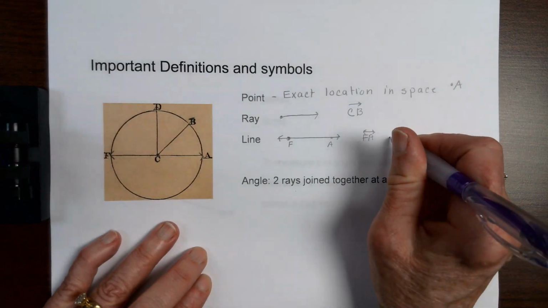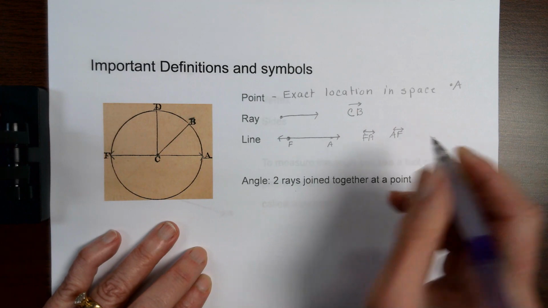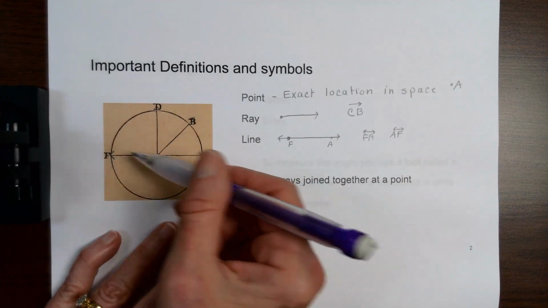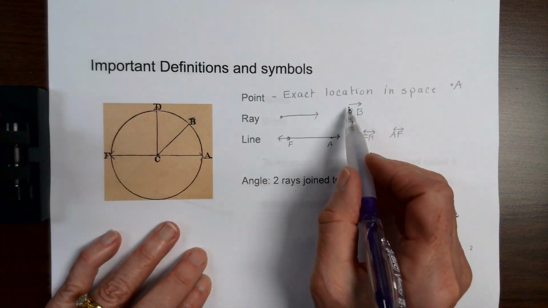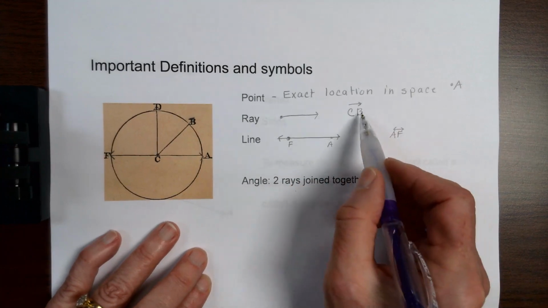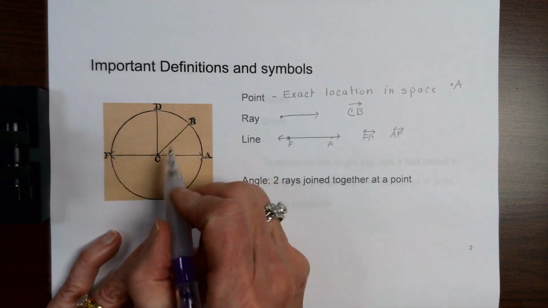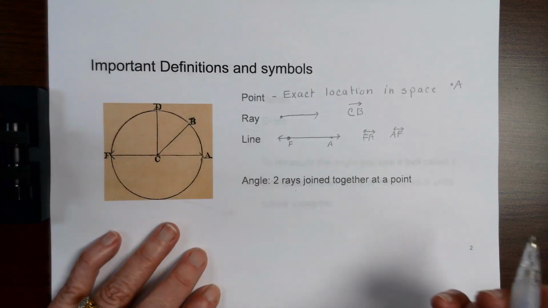Now you can switch the order of that one because there's not a starting spot. It continues on to forever there and to forever there, versus this one has an exact location where it starts at. So you cannot switch the order on a ray. You always start from the point and go through to the arrow.